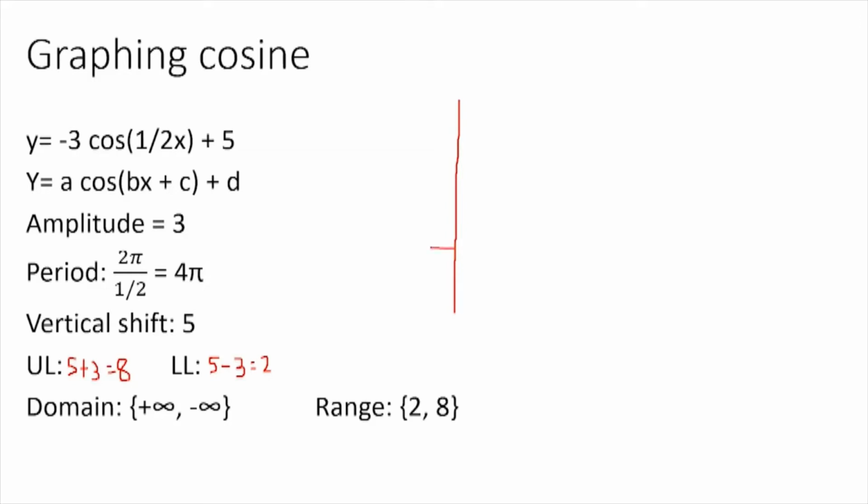Since the period is equal to 4 pi, our cycle ends at 4 pi. And one cycle has 4 parts, so basically the points will be pi, 2 pi, 3 pi.